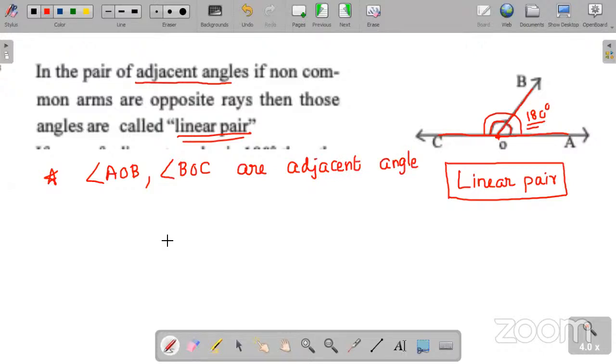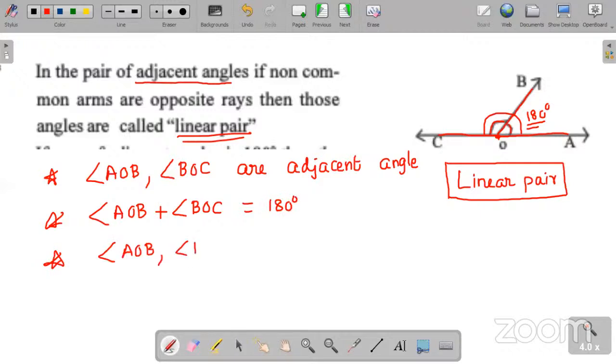And the sum of these two angles, angle AOB plus angle BOC, if you add, you get 180 degrees. That means these two angles are supplementary also. Angle AOB and angle BOC are called supplementary.